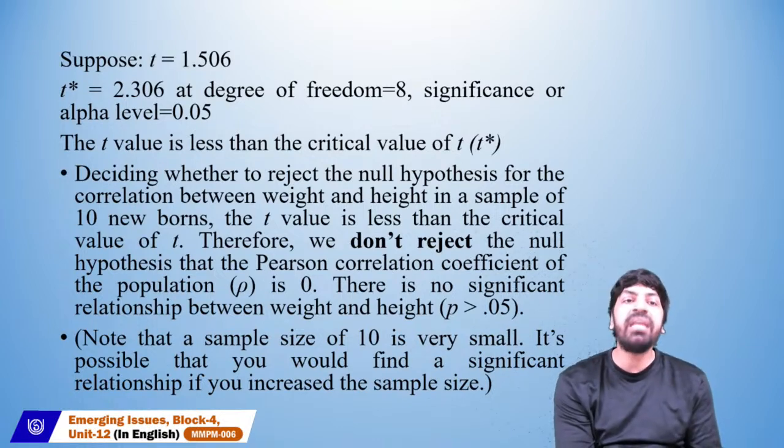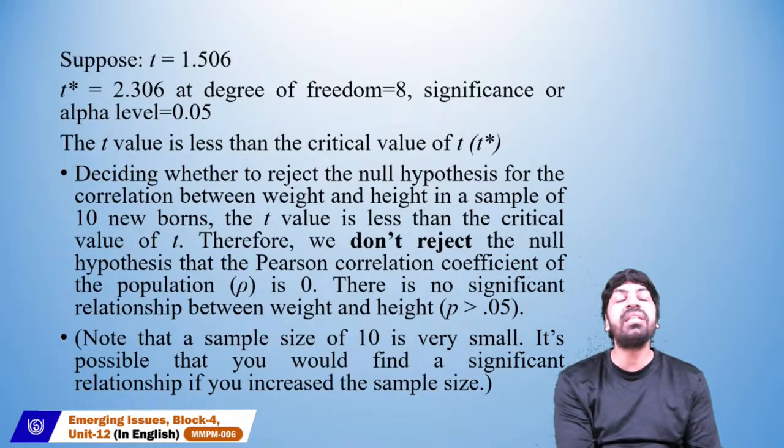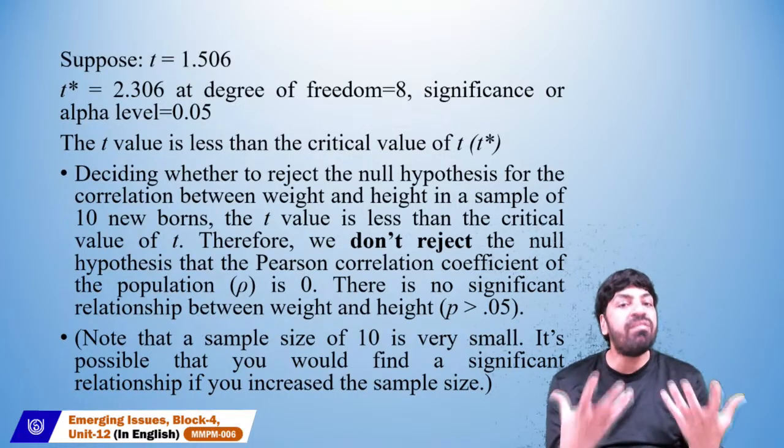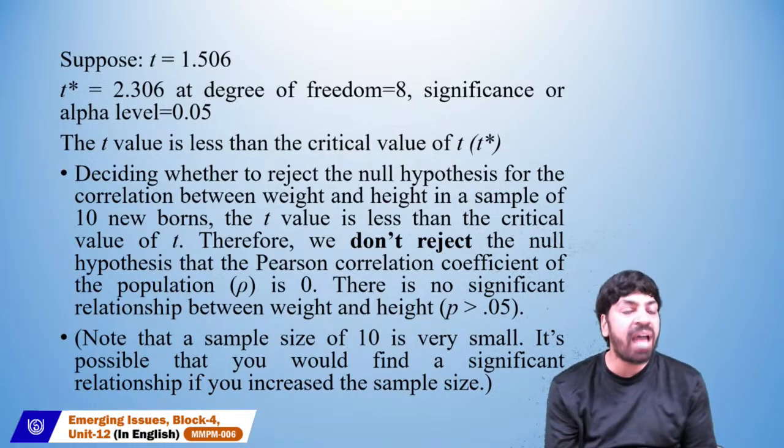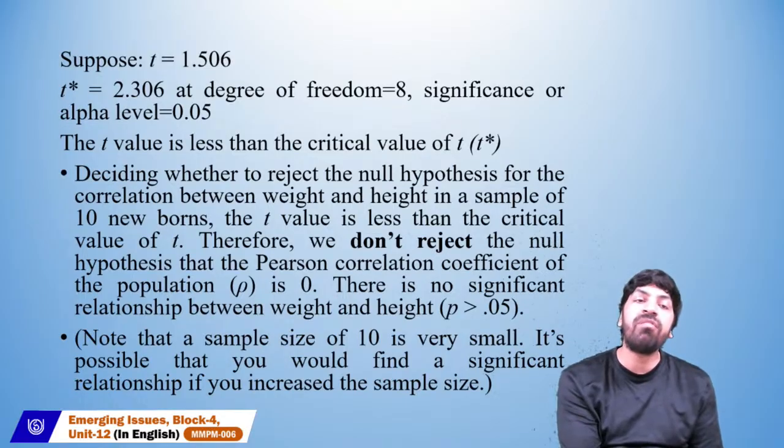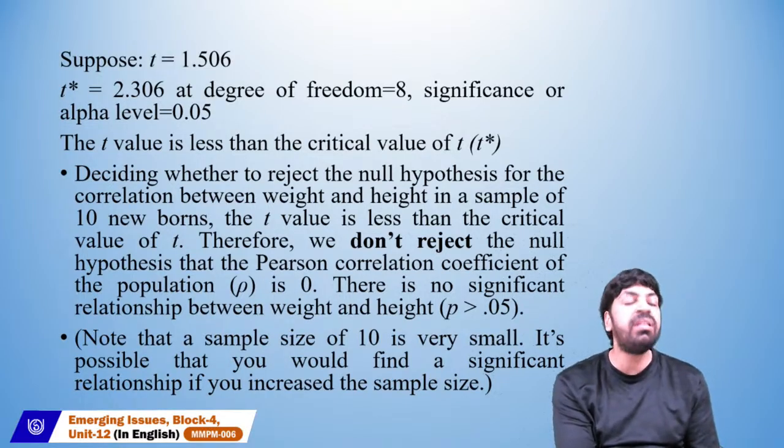So here the calculated t value is 1.506 and t dash is the table value, or the critical value, or the tabulated value of the t distribution table, that is 2.306.